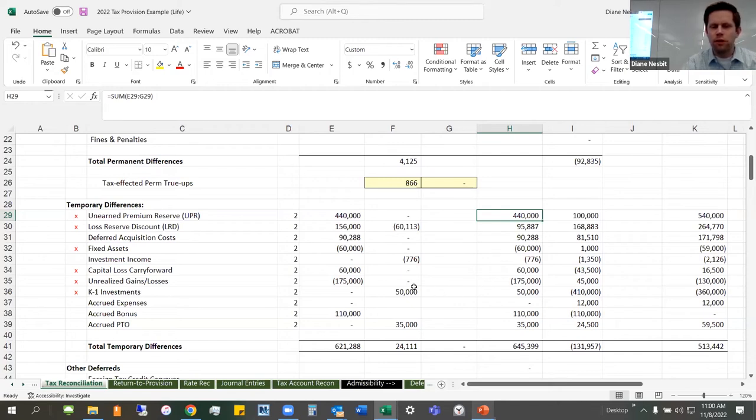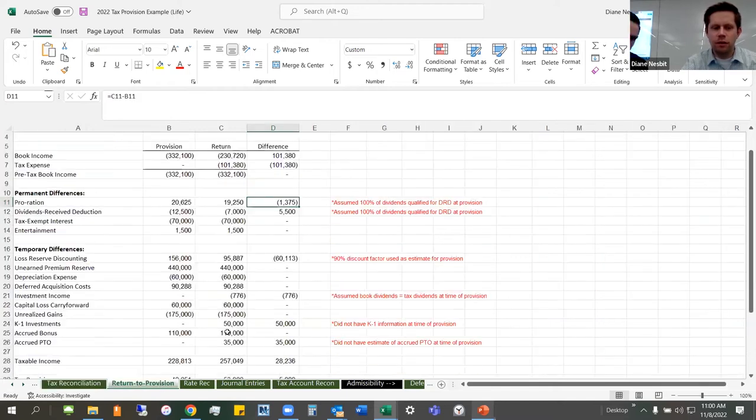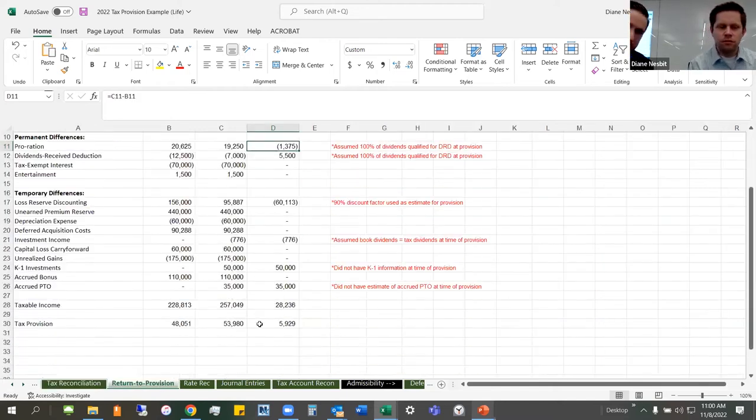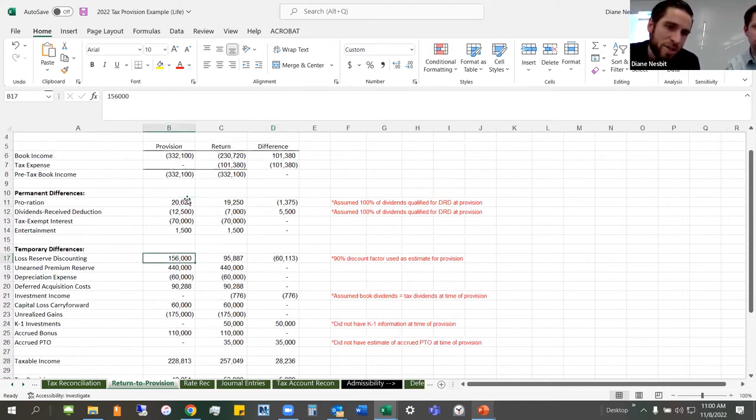Do you want to go through any of those examples of the temporary differences? I mean, you could just say, at provision time we estimated our loss reserve discounting. We said we're going to have to add back 156,000 into income. When we actually did the calculation, it ended up being 95.